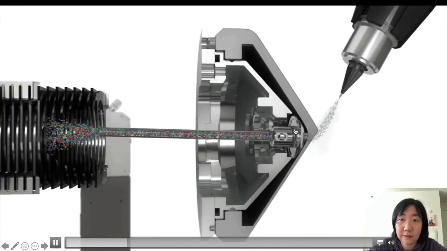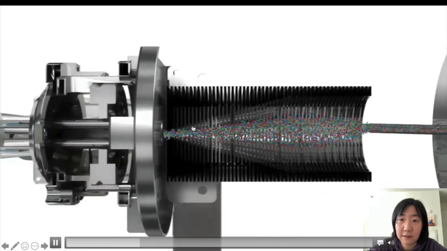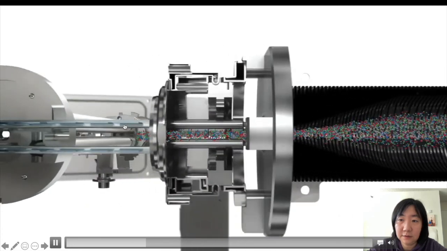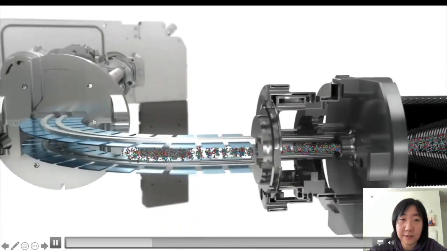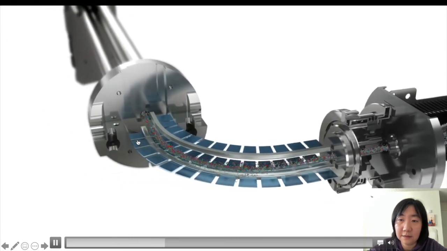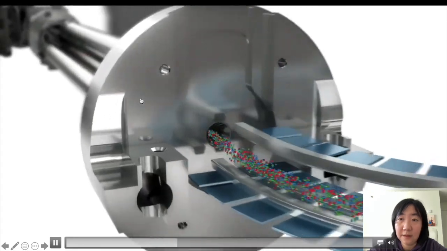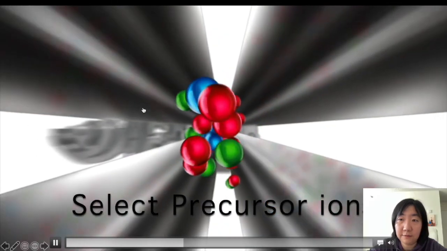When we do mass spec, ions go through the RF lens here and then cross through the advanced active ion beam guide, which prevents neutrals and high-speed clusters from entering the next quadrupole. This is a quadrupole mass filter.